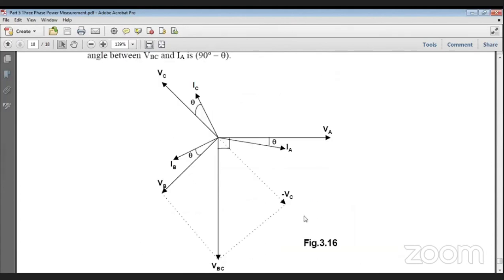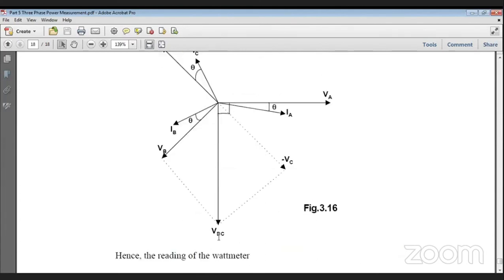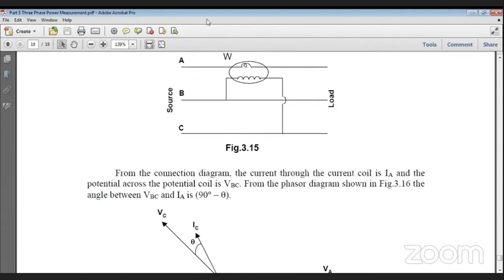So there is 120 degrees between the three voltages. So VB and minus VC will have 60 degrees. This diagonal will bisect it, so it will be 30 degrees. So then what is the angle between VA and VBC? It is 90 degrees, this one. And what is the current through the current coil? IA. So that means this is the angle of IA.